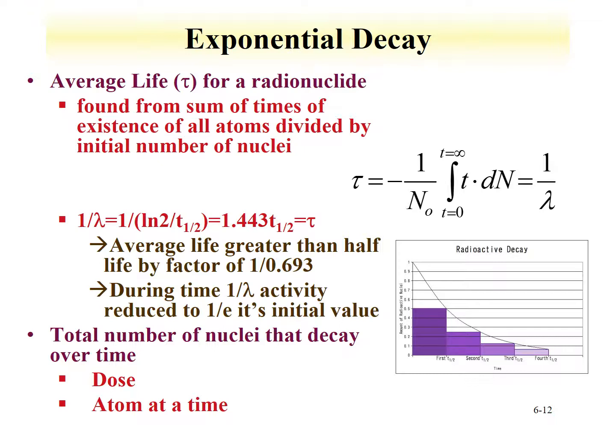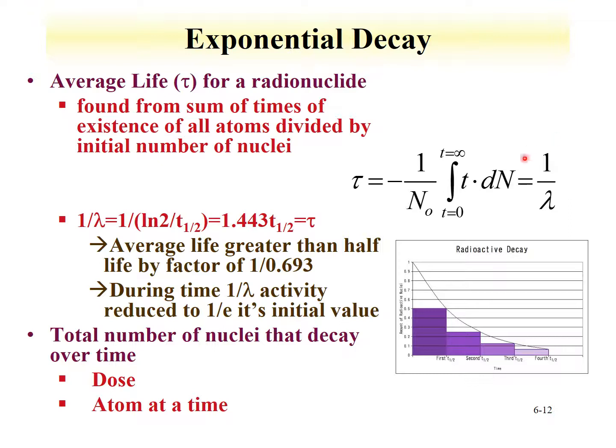So if I want to talk about a lifetime, I can use this equation, which is the opposite of 1 divided by the total number of atoms, where I integrate over time from 0 to infinity with respect to the number of atoms.